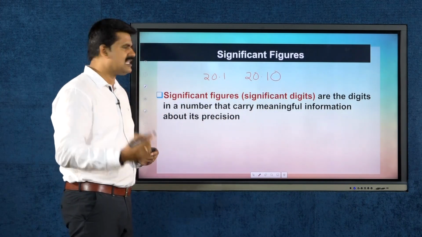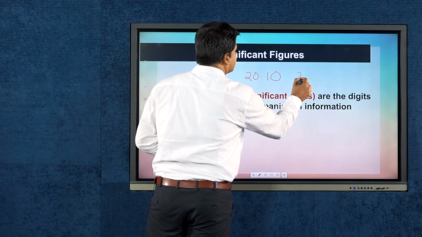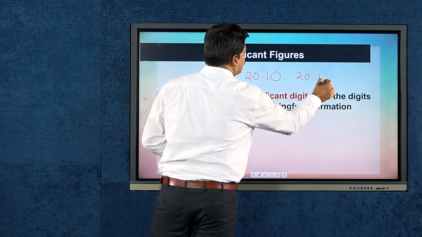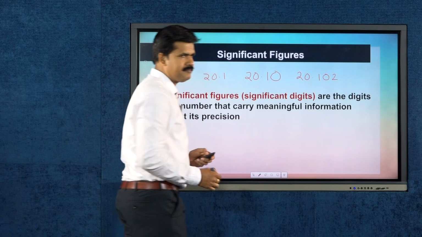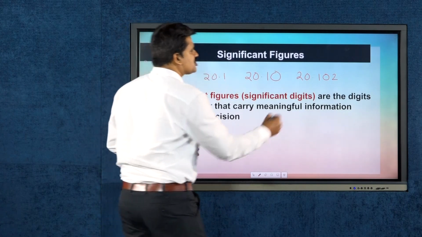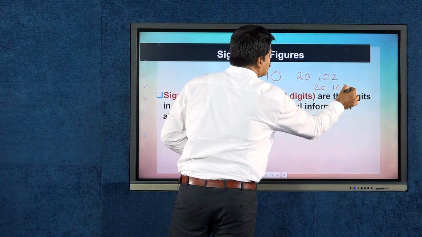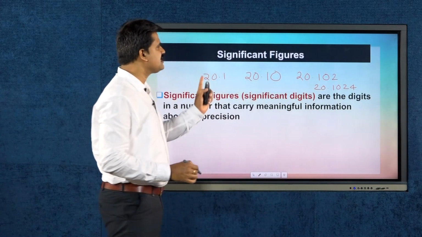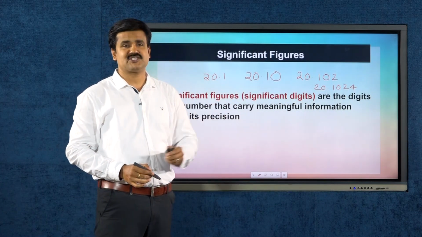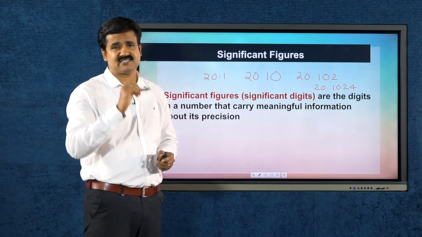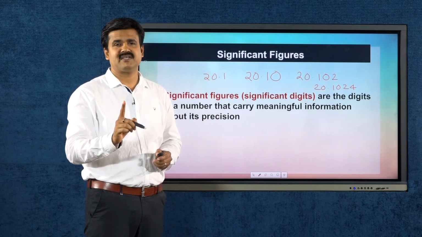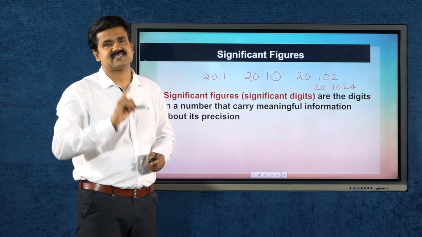In some other measurement, I got it as 20.102 gram. In some other measurement, if I got the mass as 20.1024 gram. See, among these 4 measurements, my simple question is, which measurement is more precise?